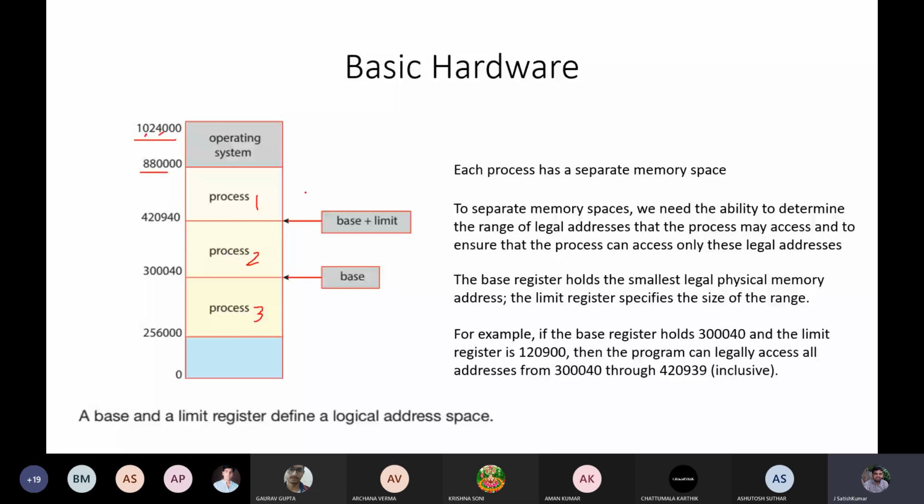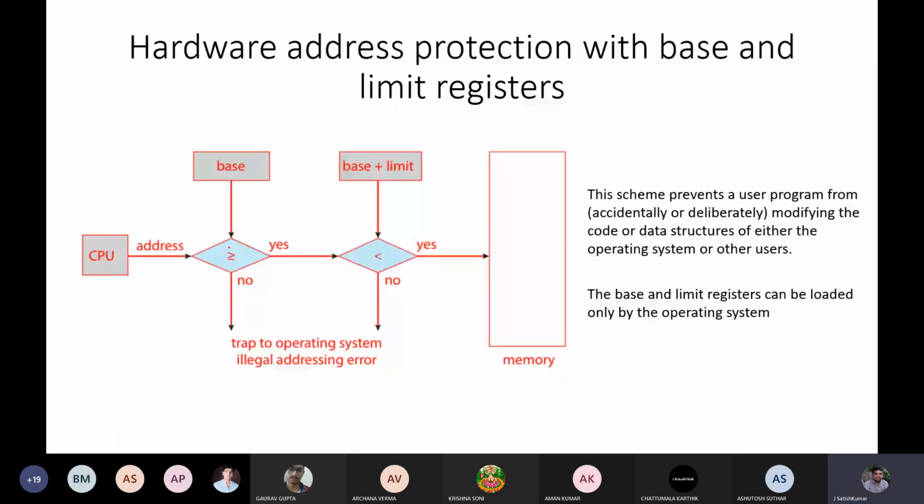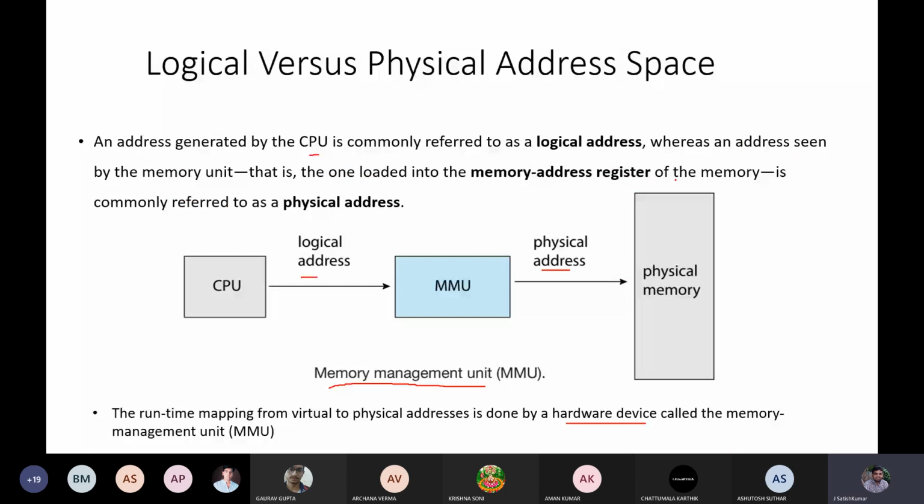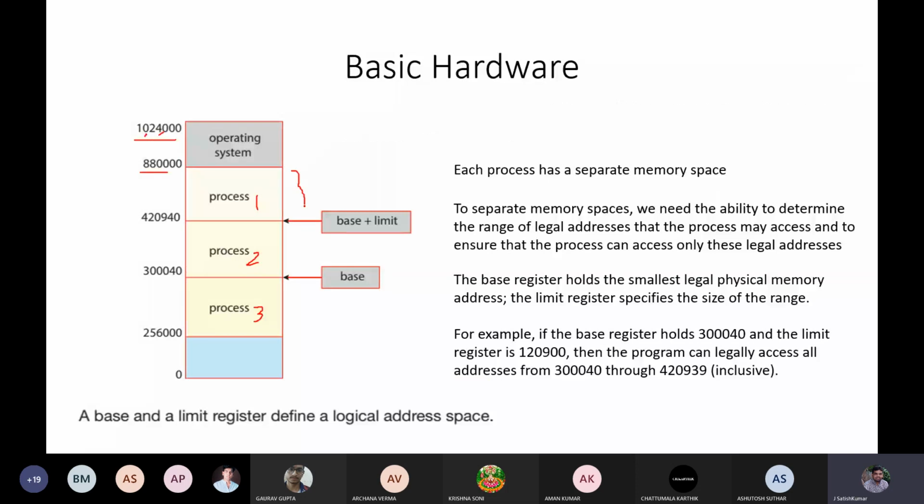Each process has its own continuous memory locations. It will not interfere with other processes. That's what we have to keep in mind. Each process contains a single section of memory that is contiguous. We cannot allocate some part of process p1 here and some other part of p1 there. We cannot do that. We should allocate continuous memory space.